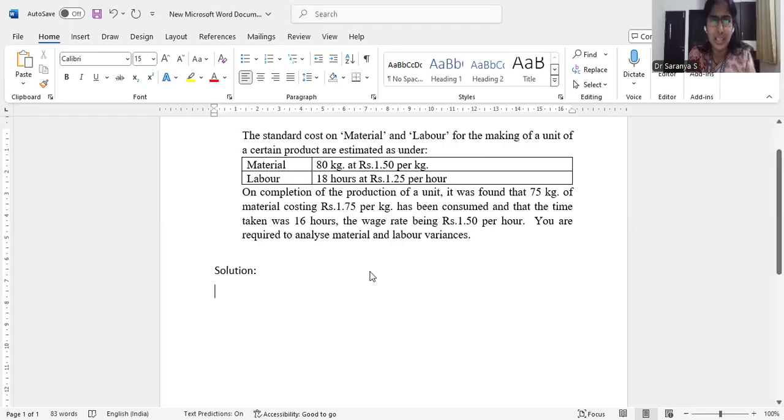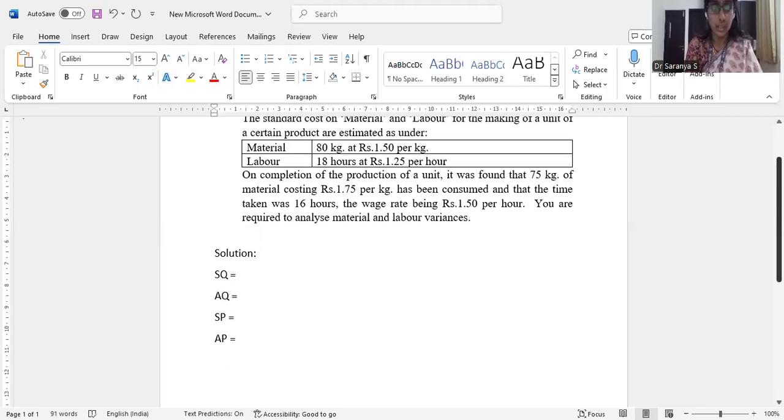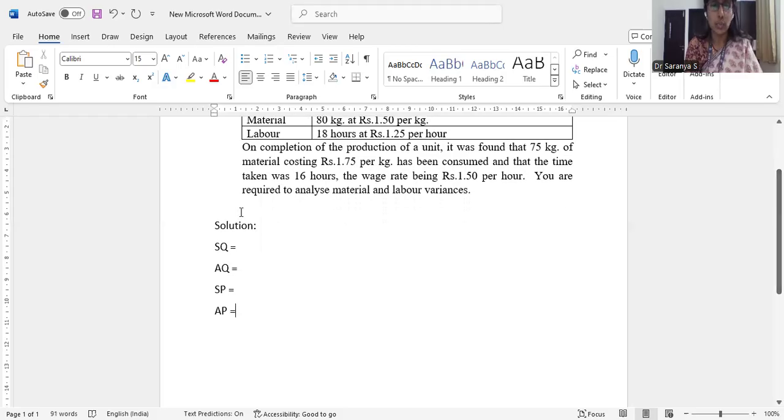Everything is shortly called: standard quantity is called SQ, actual quantity is called AQ, SP means standard price, AP means actual price. I'm writing it here. So SQ means standard quantity, AQ means actual quantity, SP means standard price, AP means actual price.